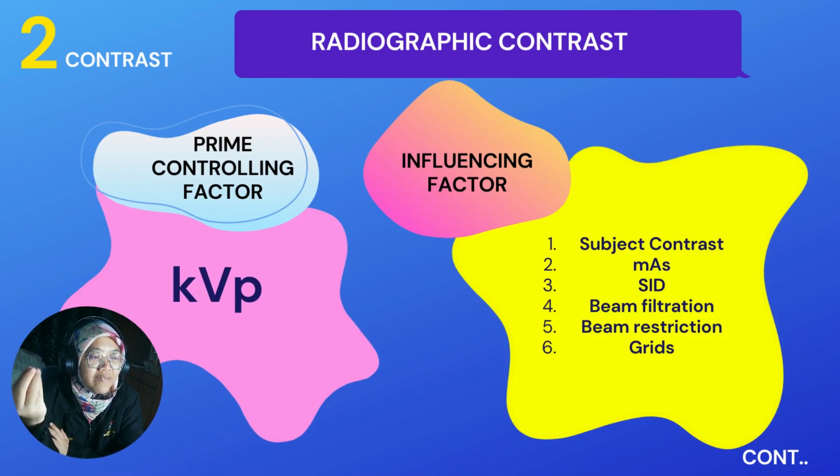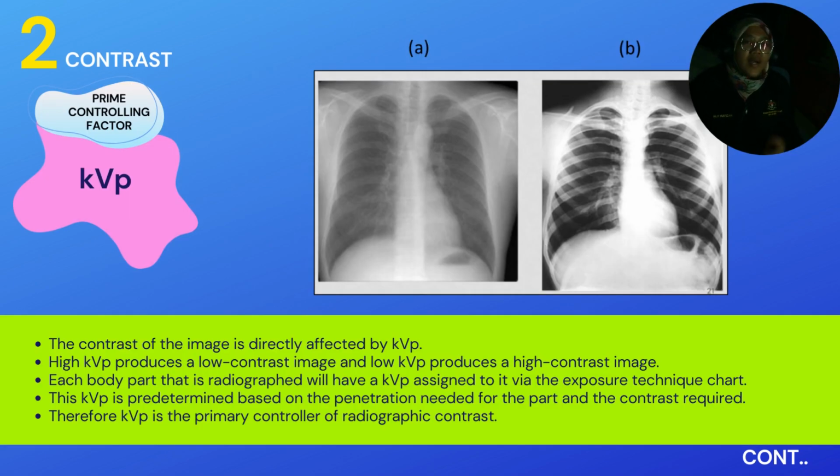The prime controlling factor in contrast is kVp, and it is influenced by subject contrast, mAs, SID, beam filtration, beam restriction, and grids. How does kVp control the contrast? High kVp produces a low contrast image, and low kVp produces a high contrast image.